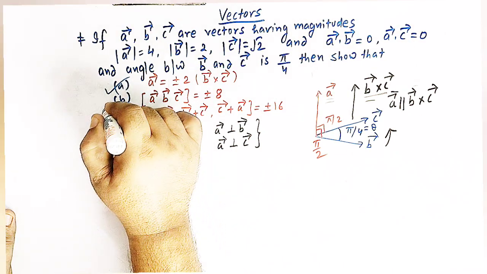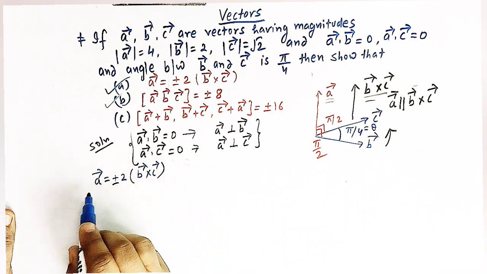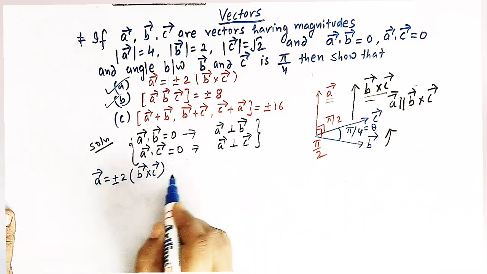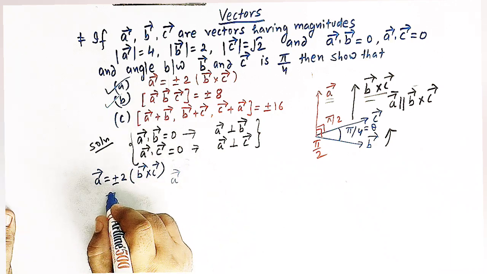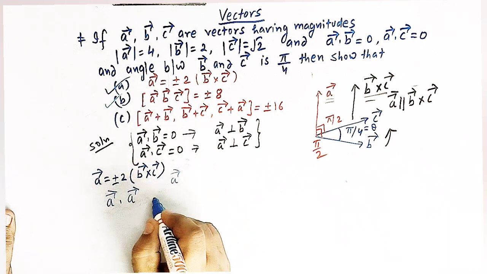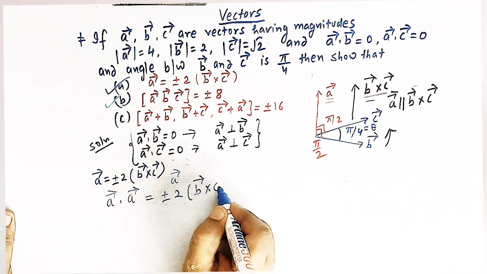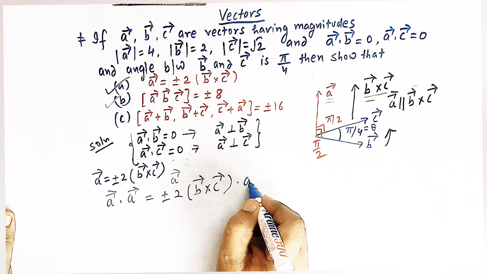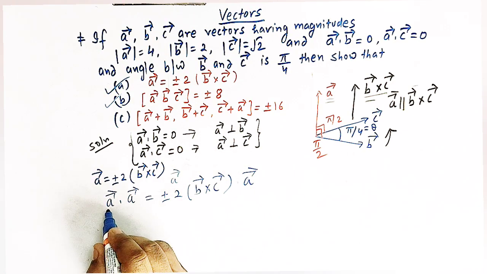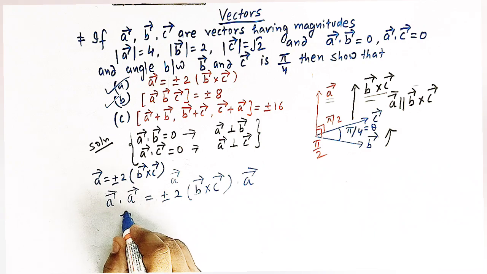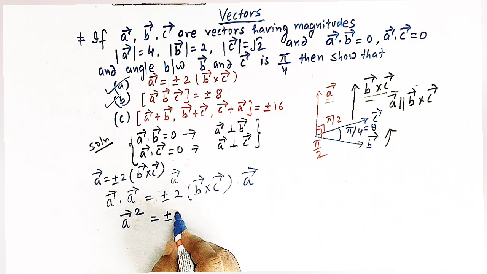Now to get the second result, we'll take the dot product of both sides with vector A, right? So we can write A dot A, and here we have plus minus 2 times B cross C dot vector A. Now A dot A is the square of vector A, and here we have plus minus 2.